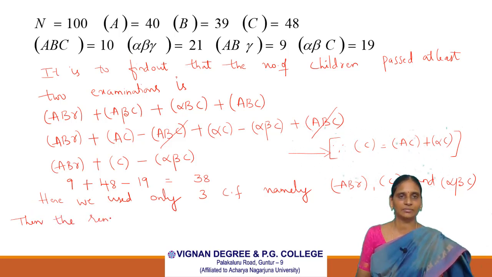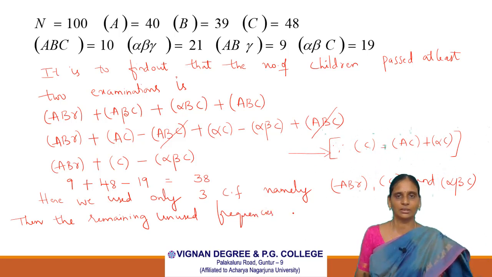The remaining unused frequencies are capital N, frequency of A, frequency of B, frequency of ABC, and frequency of αβγ.